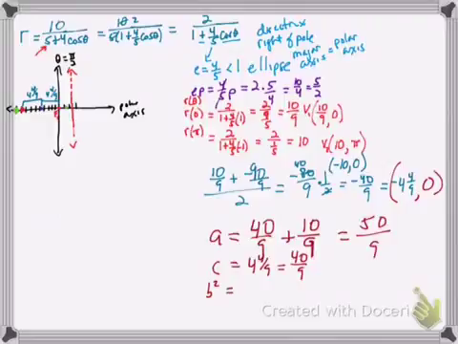So B squared is going to be our A squared minus C squared. And so that means 50/9 squared plus 40/9 squared. Hold on. I know, I said plus when it should be minus. So we're subtracting these.